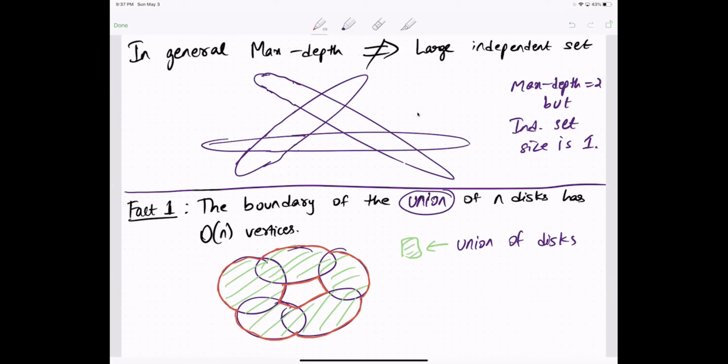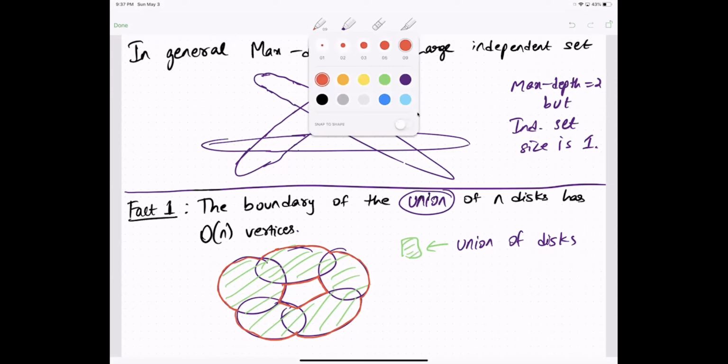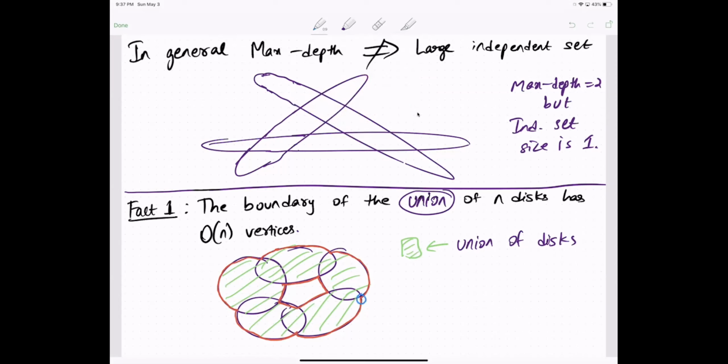And now this fact that we are going to prove is saying that if you're given n disks, then there won't be too many vertices on the boundary. Maybe I should define what a vertex is. Maybe it's obvious, but for example, this is one vertex. This is a vertex on the boundary.